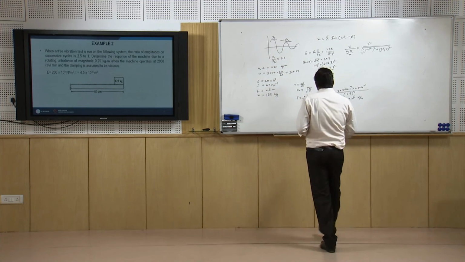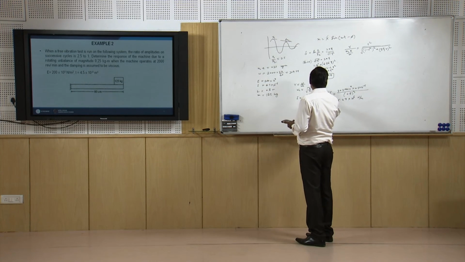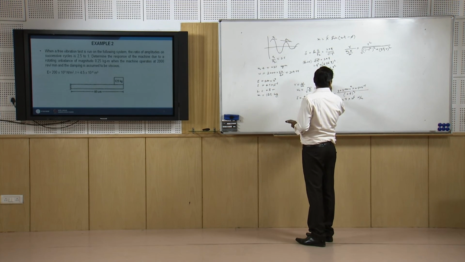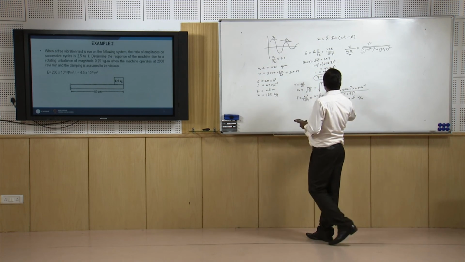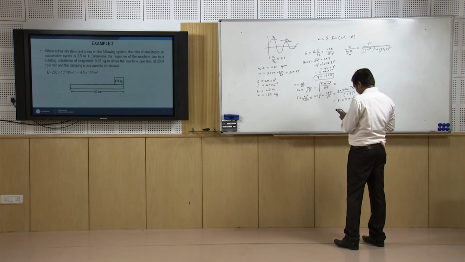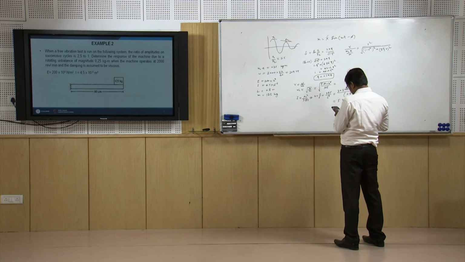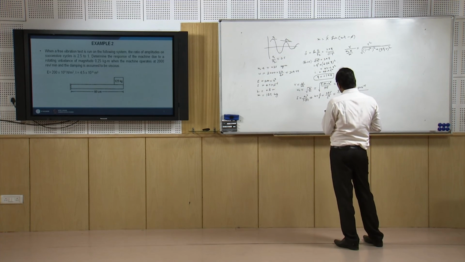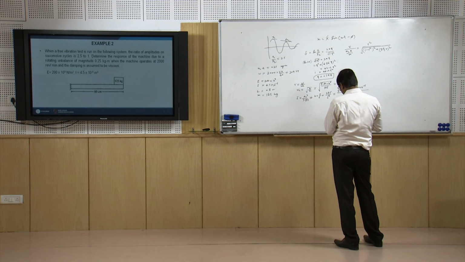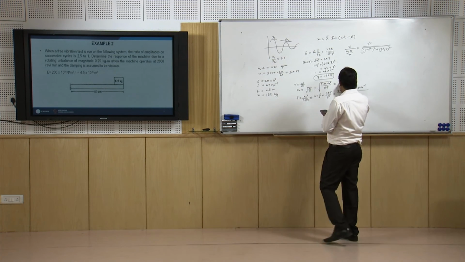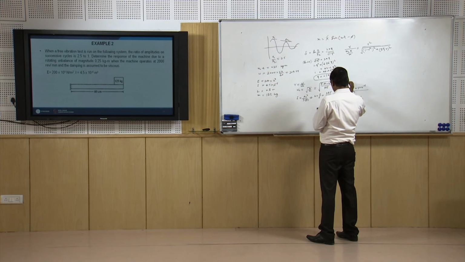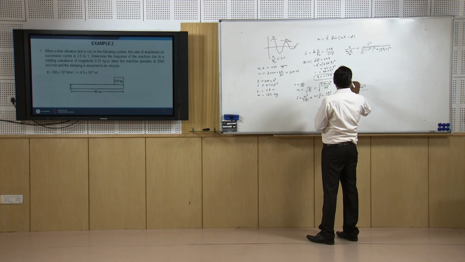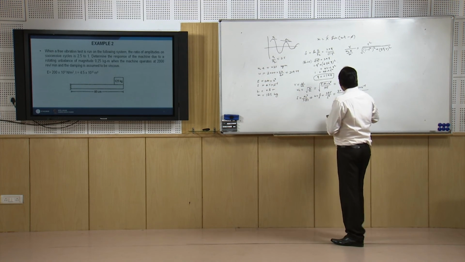Now we can calculate the natural frequency. So the natural frequency is the square root of 5.27 into 10 power 6 by 125 kg. So we get omega n as 205.396.